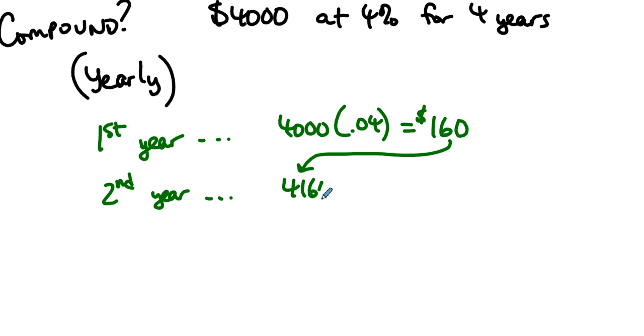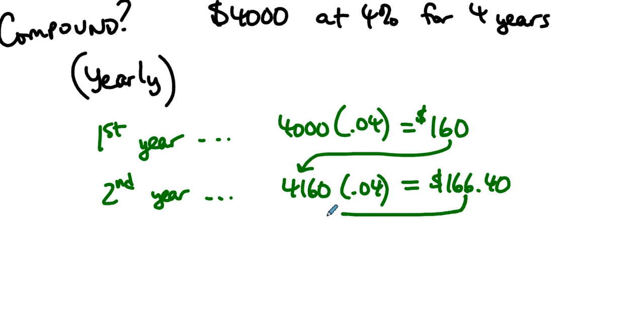so that in the second year you have $4,160, and that gets the 4%. Well, that's $166.40.